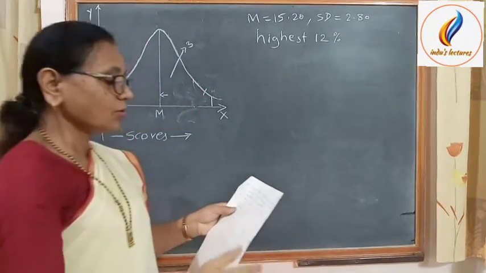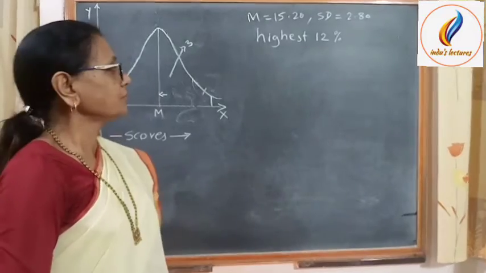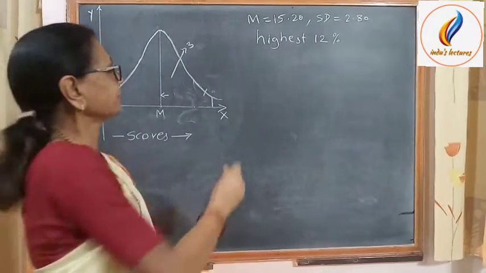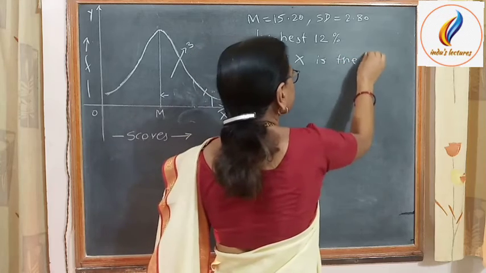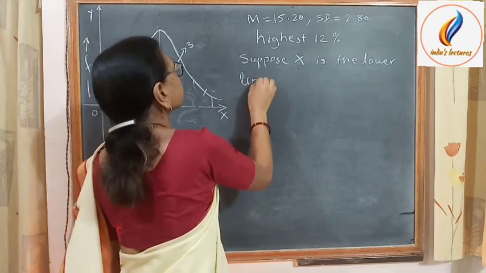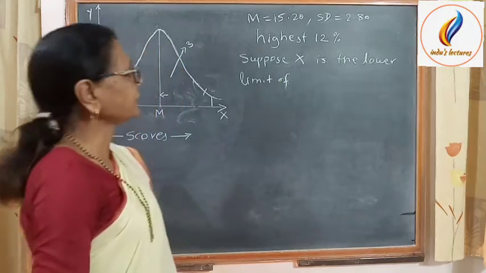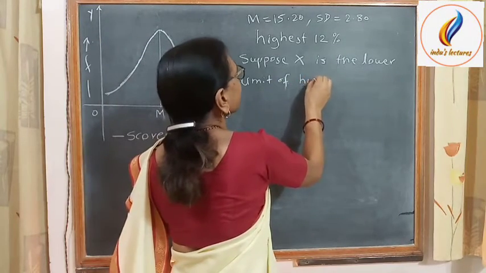Suppose the lower limit of the highest 12% of cases in a normal distribution is x. We assume that x is the lower limit of the highest 12%.